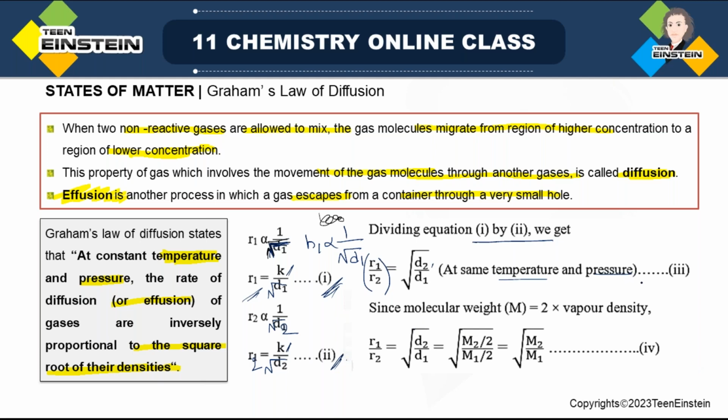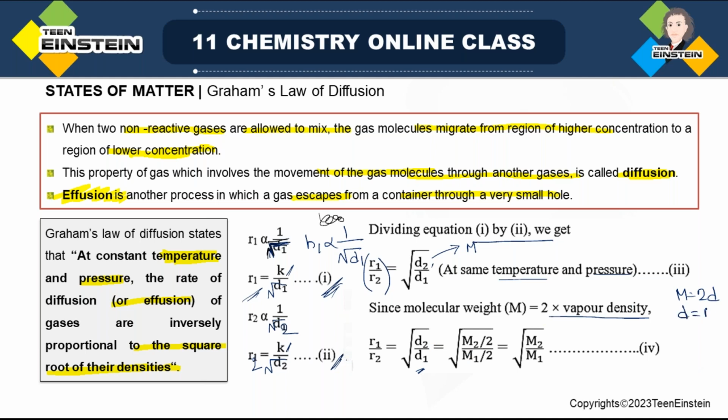Temperature and pressure are the same. Now you can convert this D term to molar mass also. For gaseous molecular weight, it is approximately equal to 2 into vapor density. So vapor density is basically this density. That means M is equal to 2D.